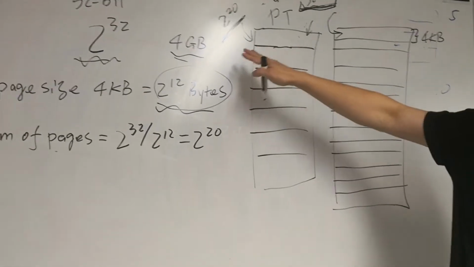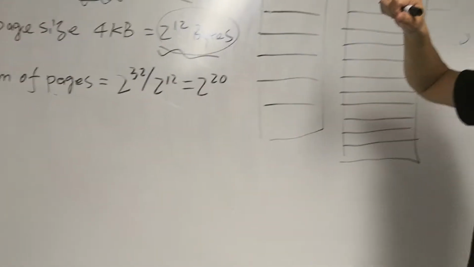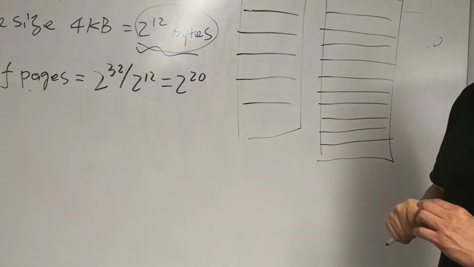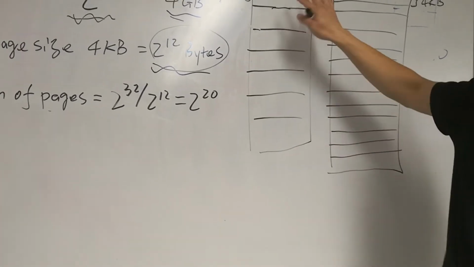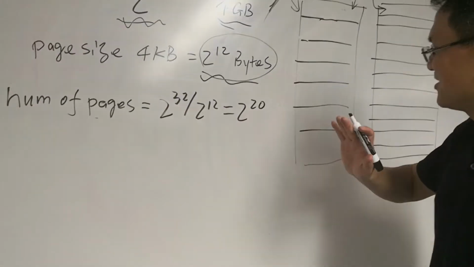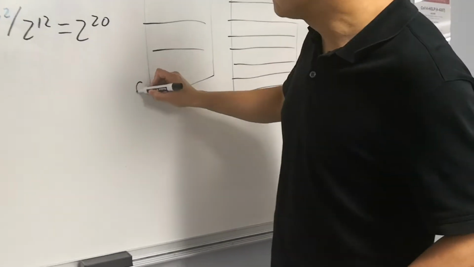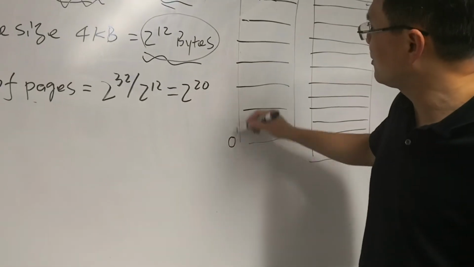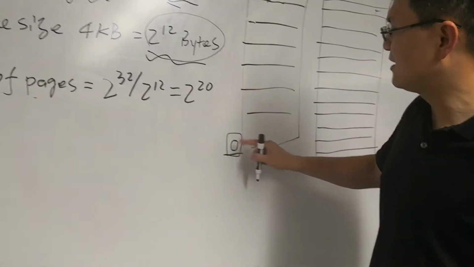Does it correspond to each virtual page or physical page? The virtual page. Normally you start from 0. You use the virtual page number as the index.